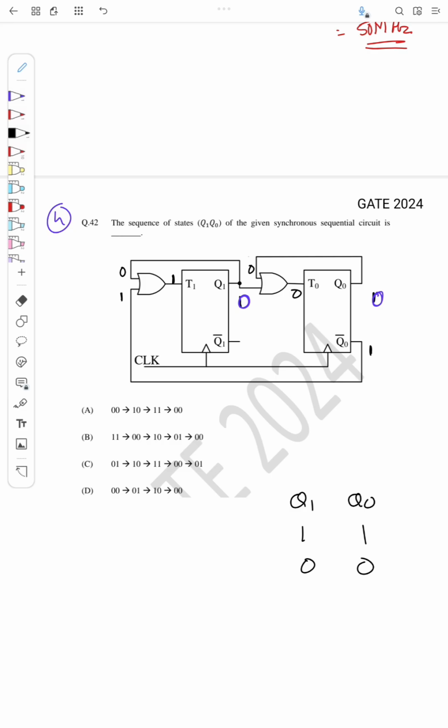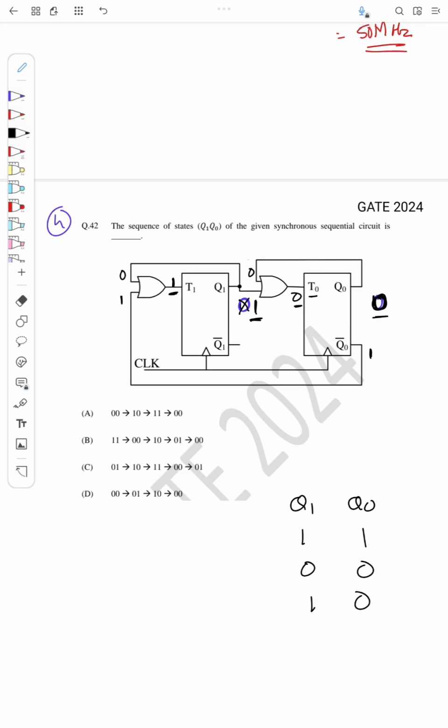Now if you see, the input T0 is 0, so the previous output will remain at the output of the T flip-flop, so the next output will be 0 itself. But the input to the first flip-flop is 1, so its output will toggle. This will change to 1, so the next output is 1 0.